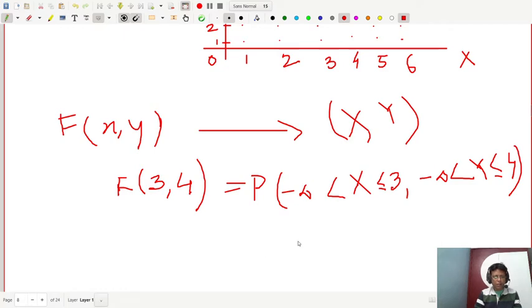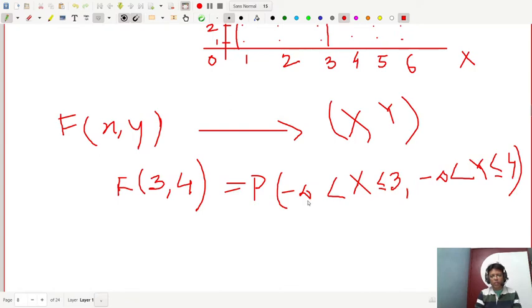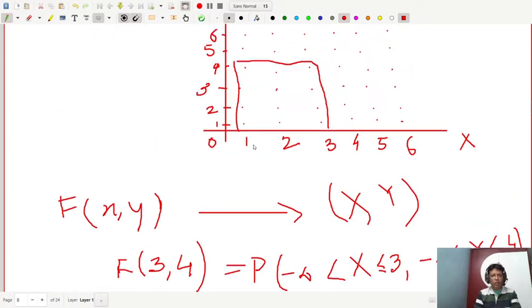This denotes a region. Since it's from minus infinity to 3, but you don't have any points beyond 1, it's from 1 to 3 in the x direction and 1 to 4 in the y direction.